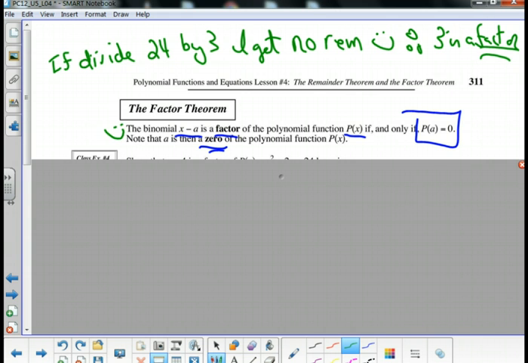It's common sense, right? So the factor theorem is simply saying that I don't want to divide. I know that if I were to divide by x minus a, the remainder theorem says that I can just plug in a. But the point is, if you get a remainder of 0, then it's a factor.